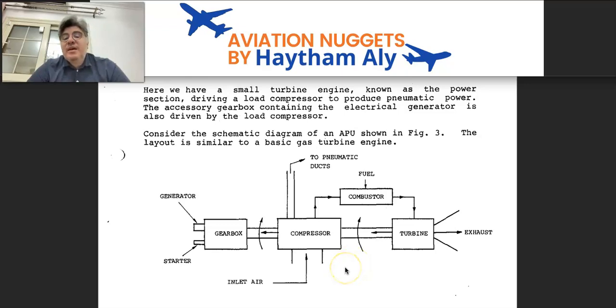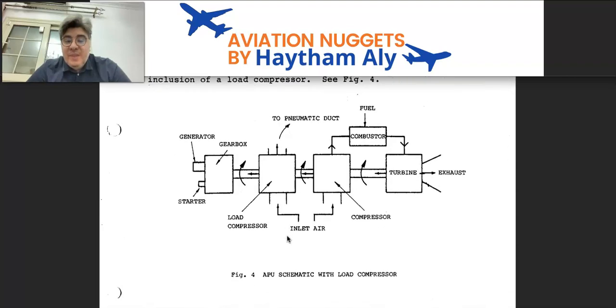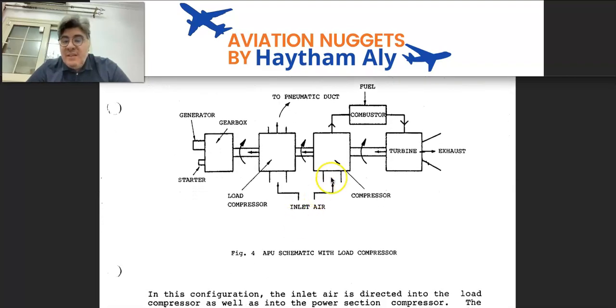So in the more sophisticated APU, the manufacturers divided this compressor into 1 compressor for the gas turbine engine or power section, and another compressor which is a load compressor. As you can see here, this is the more sophisticated design. We have 1 compressor for the power section, and another compressor which is meant for load function to pneumatic ducts.